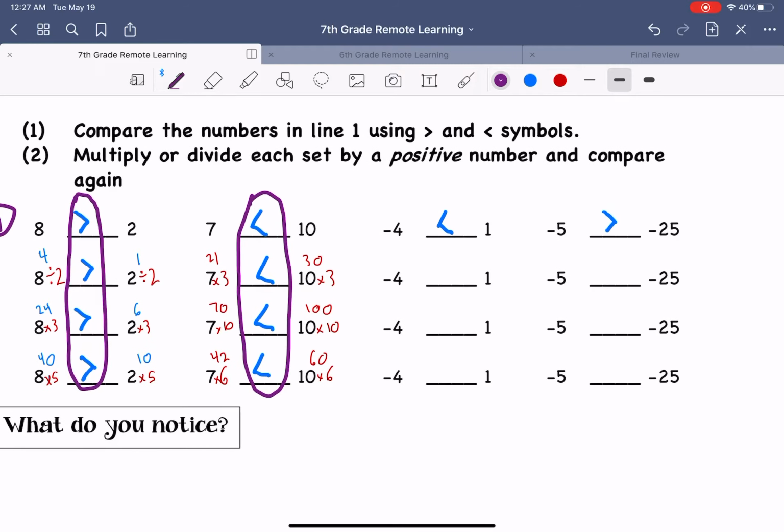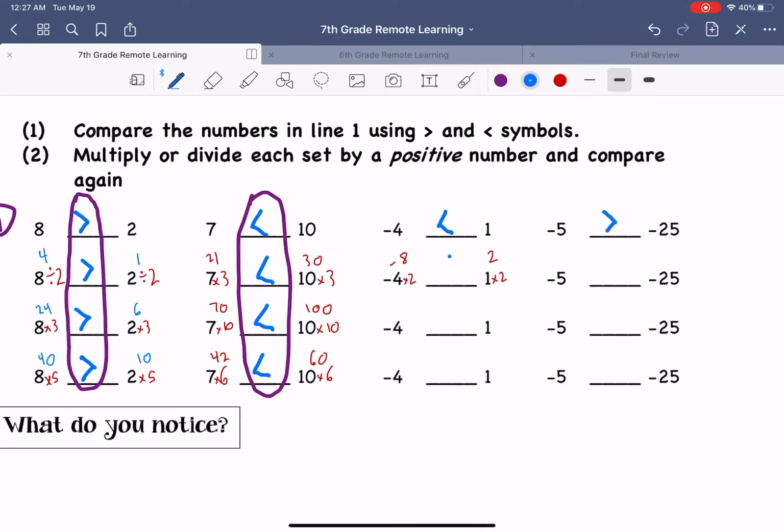Let's try some with negative numbers and see what happens. I've kind of hinted all week that when we get to negative numbers, funky things start happening. So let's see if our funky things will start happening now. Let's take negative 4 and 1, and let's start out real straightforward. We'll multiply by 2. We've got negative 8 here and 2 here.